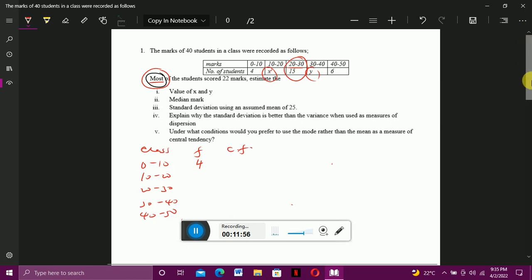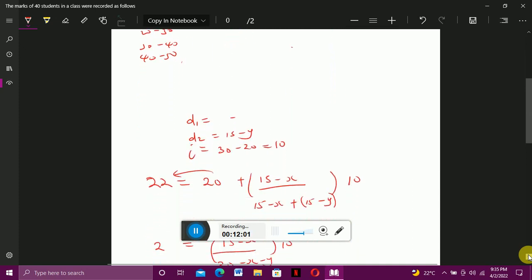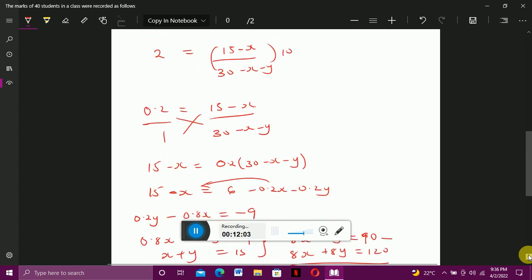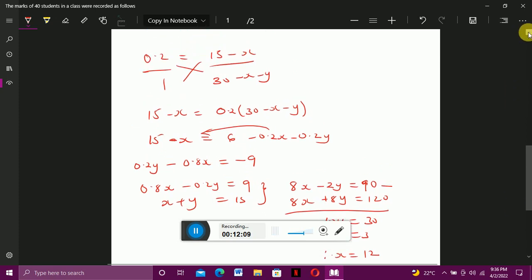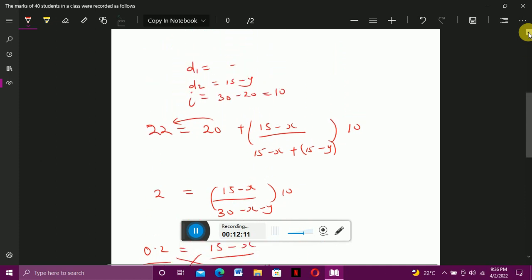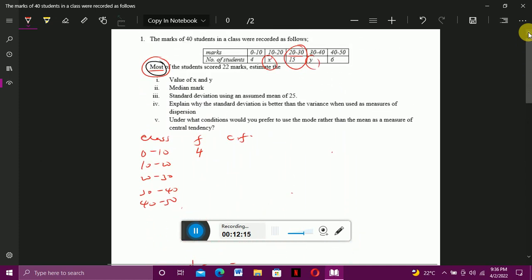We have already found that x is 12 and y is 3. X is 12, we have 15, we have 3, and we have 6.